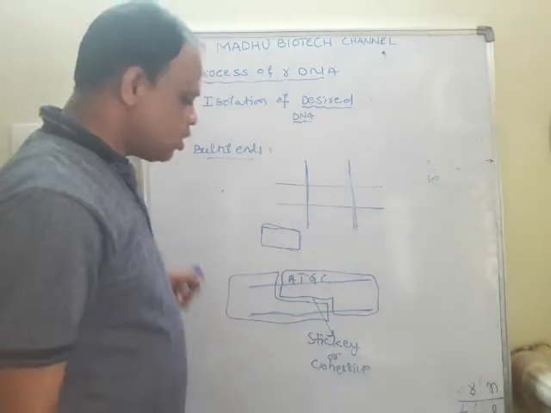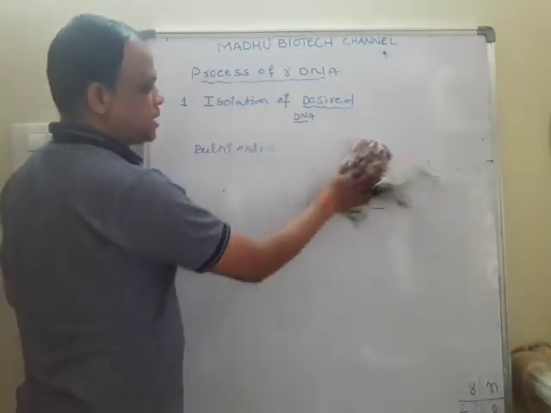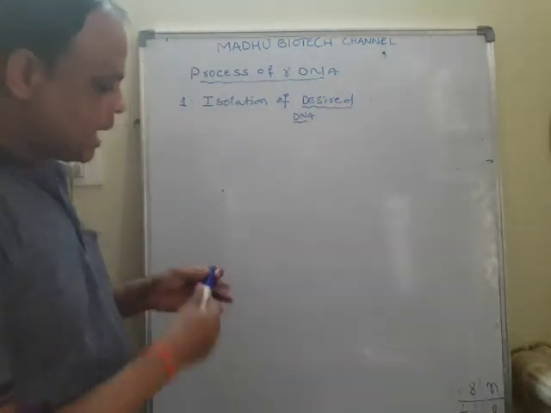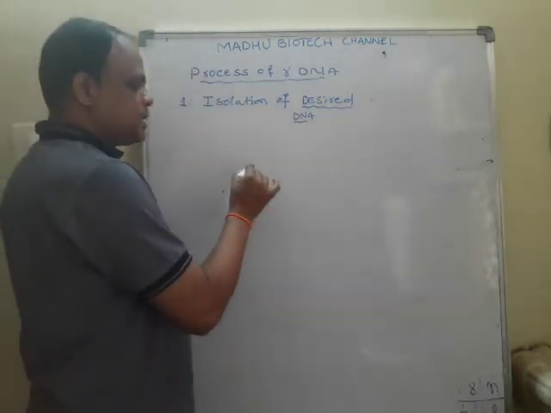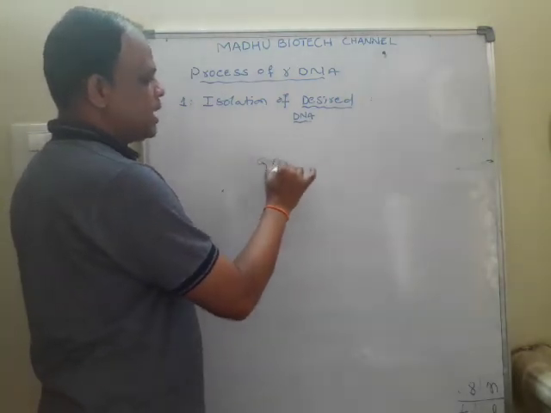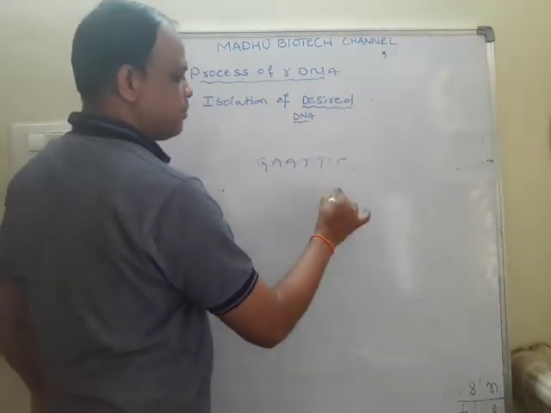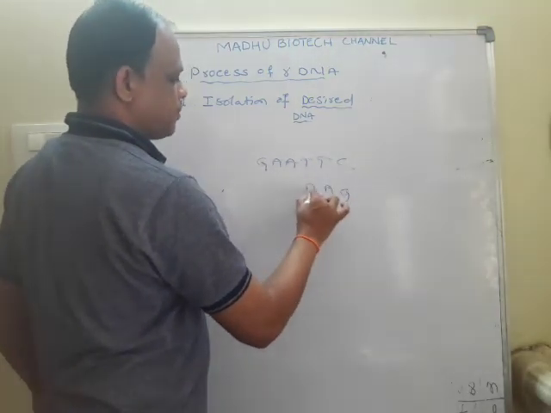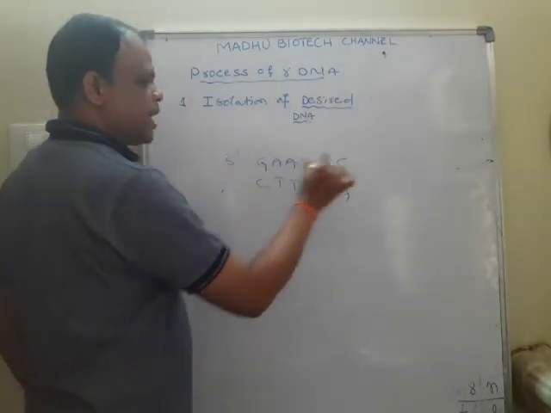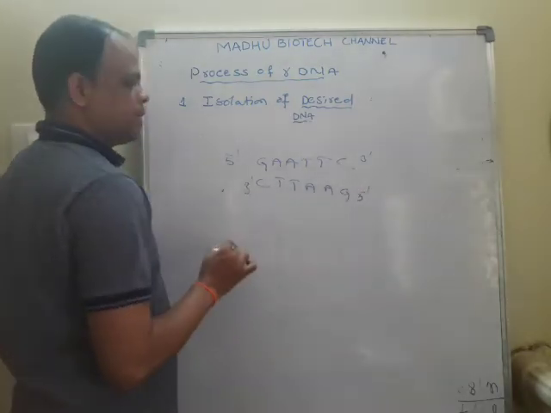The enzymes cut based on the palindromic sequence. The palindromic sequence means the nitrogen bases are the same when read 5 prime to 3 prime and 3 prime to 5 prime.